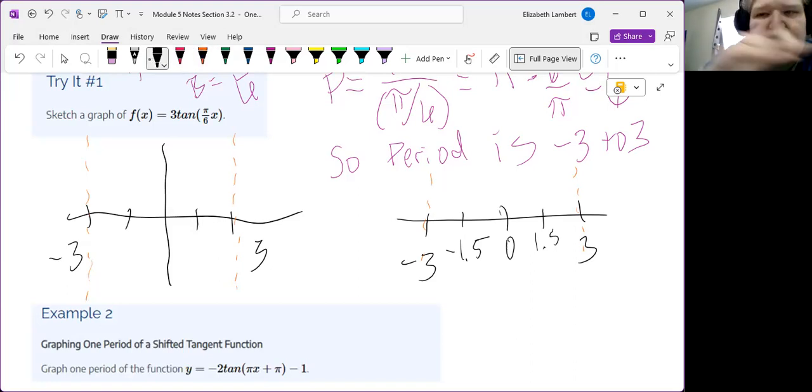All right, we don't have any shifting here, so our 0, 0 point remains 0, 0. Now, when I go over that 1.5, normally I would go up 1, but this has an A number, so I'm going to go over to that tick mark and then up 3.